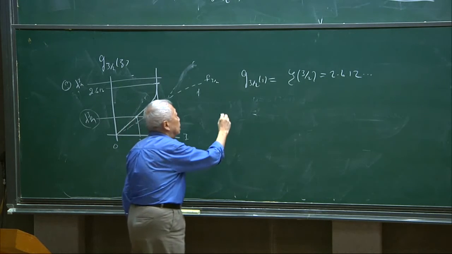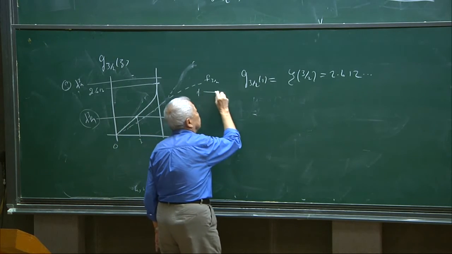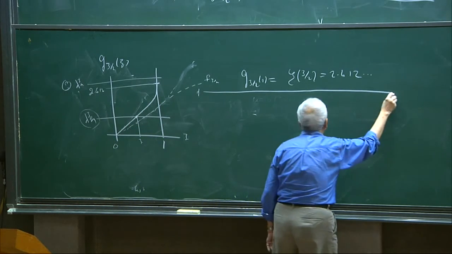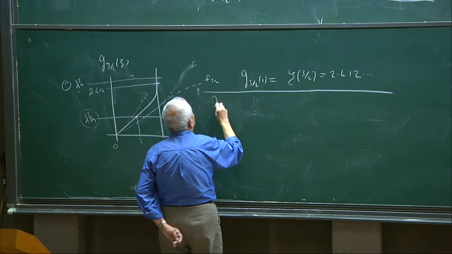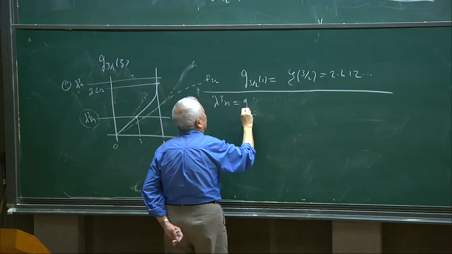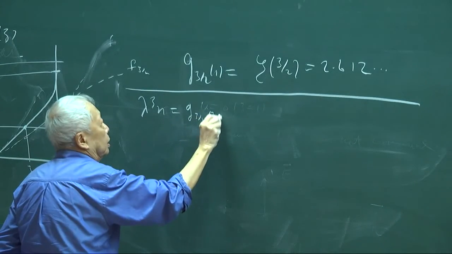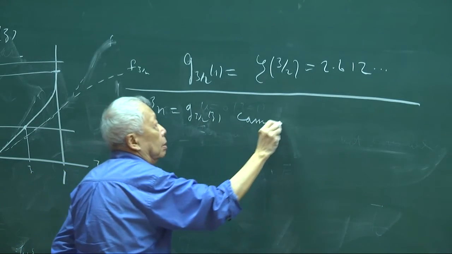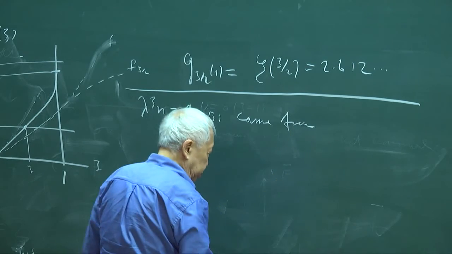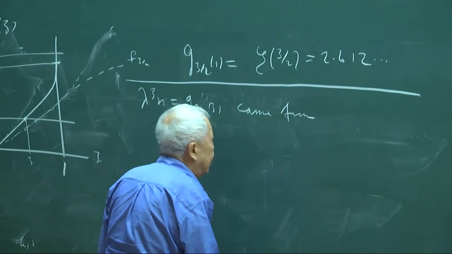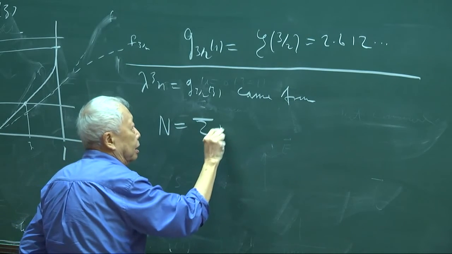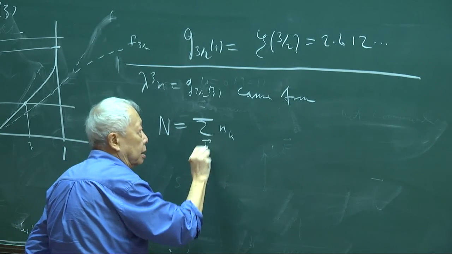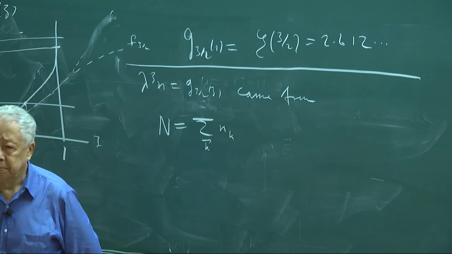What is wrong is that when we derive this formula, lambda cube n is equal to G 3/2 of z, it came from the derivation that N is the summation of n_k. It came from this.